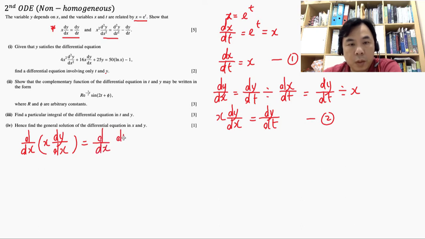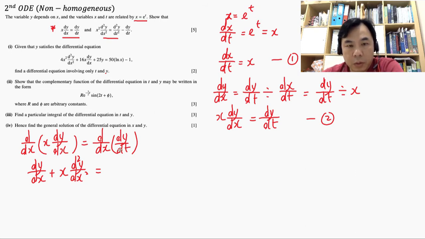dy/dt. Okay, so that's what we have. And then I need to apply a bit of product rule here. So that would be dy/dx plus x d2y/dx squared. Right. Now this is the one that you need to remember how to differentiate implicitly.